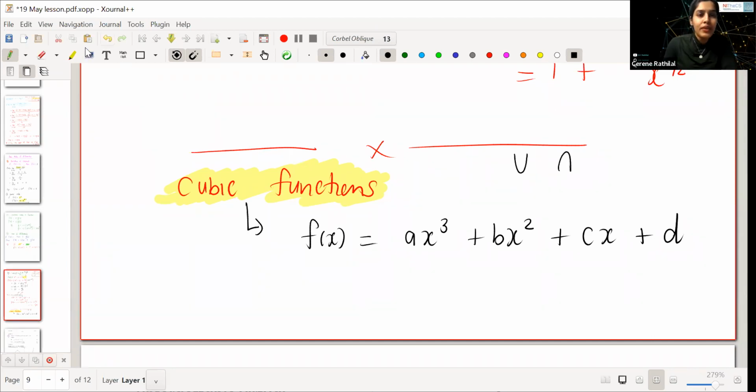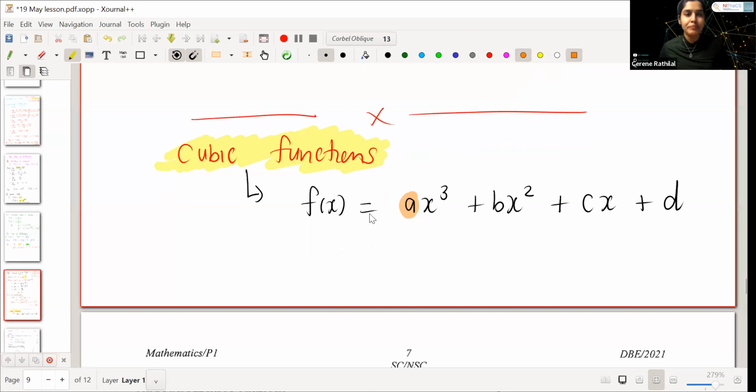So likewise, in here, this coefficient of the x cubed, so the a in here, will also indicate to us what type of shape we're going to encounter.